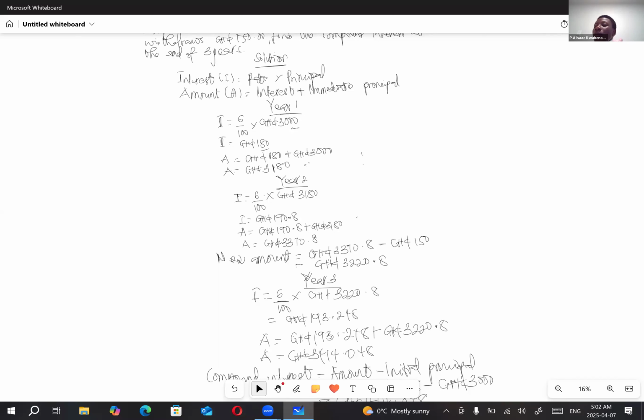If the trader withdraws 5,500 Ghana cedis at the end of the 3rd year, calculate the amount at the end of the 5-year period.